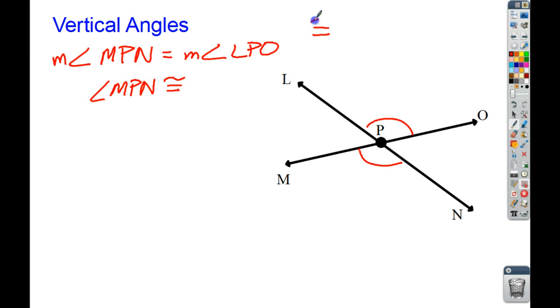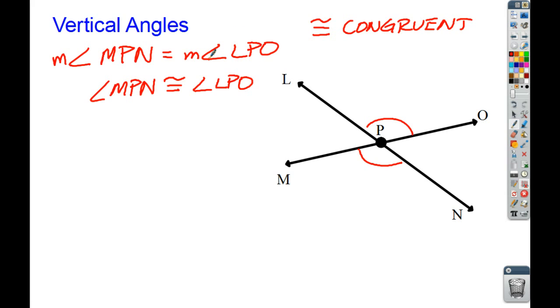This symbol means congruent, and that's a fancy way of saying equal. That means they're the same. So the angle MPN is congruent to angle LPO. So this is saying they are the same angle, and this one is saying the measure, the actual degrees, like if I gave it a value, a number. So if this one was 120 degrees, this one would also have to be 120 degrees.